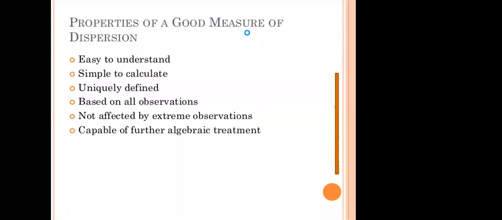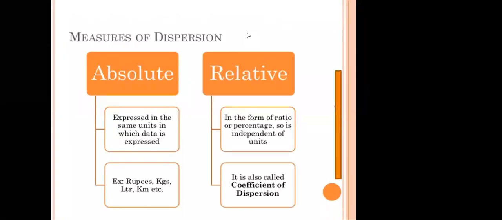Second, measures of dispersion can be classified into two types, absolute and relative measures of dispersion. The absolute measure of dispersion is expressed in the same unit in which the data series is expressed, like rupees, kilograms, tons, years and centimeters.